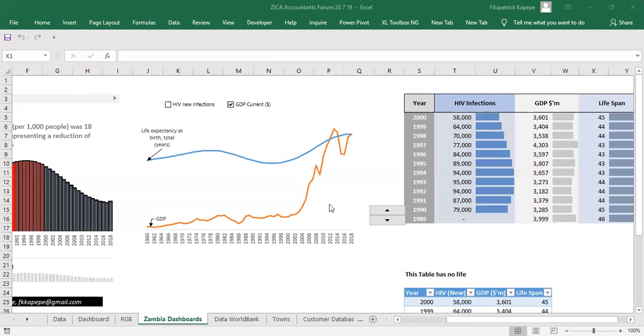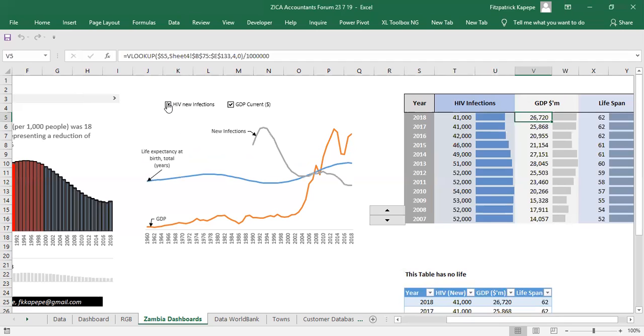Okay, sorry about that. So in 2018, GDP was about 26, is it 26.6? Yeah, basically 27 billion.